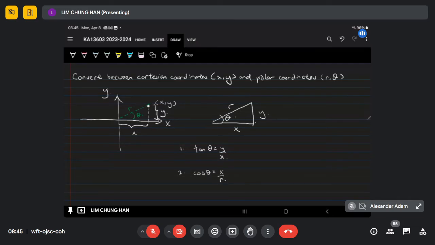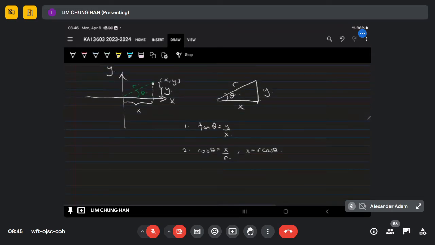Yeah. So you can rearrange it to get x equals r cos theta.